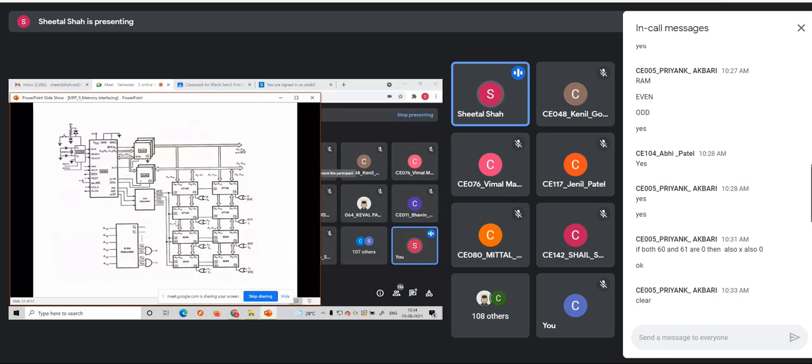In that case, the higher order 4 bits, that is A16 to A19, cannot be used for interfacing with the IO ports, since the ports can be addressed only by 16 bits.